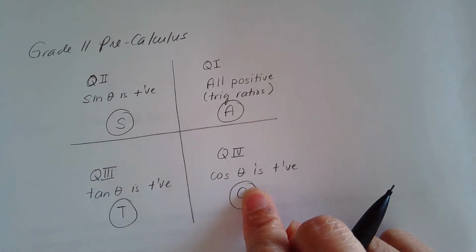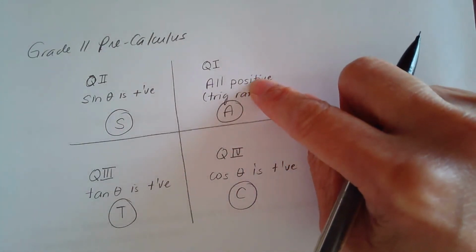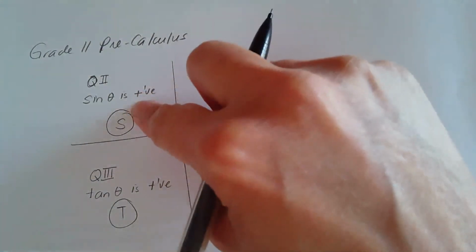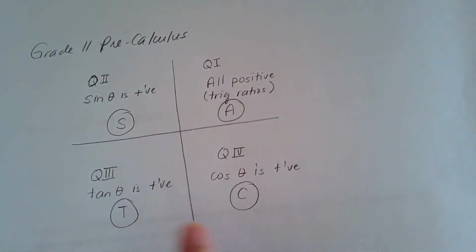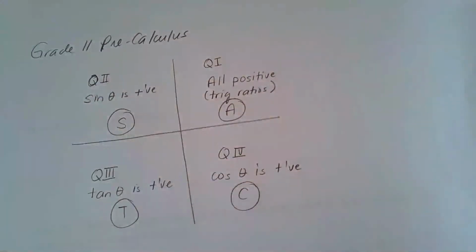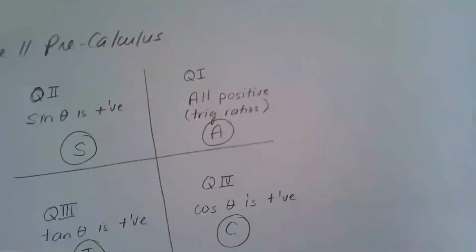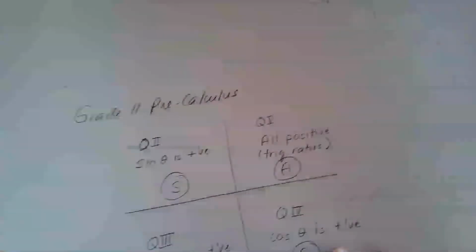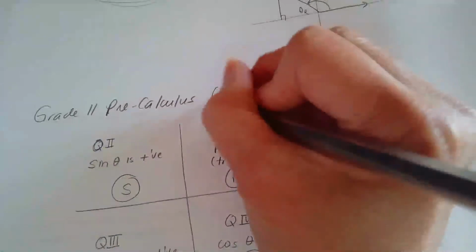C, cosine is positive, A, all are positive, S, sine is positive, T, tangent is positive. So this is going to help us figure out where we are in our Cartesian plane. Okay, so I'll leave that with you, just a review of grade 11.